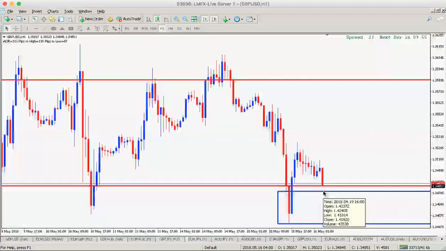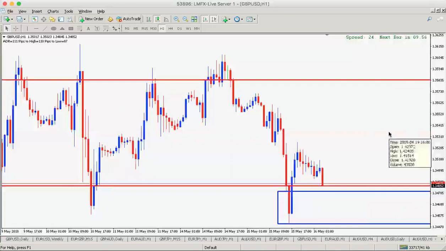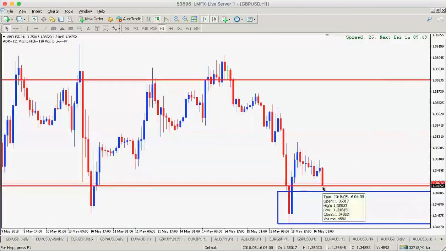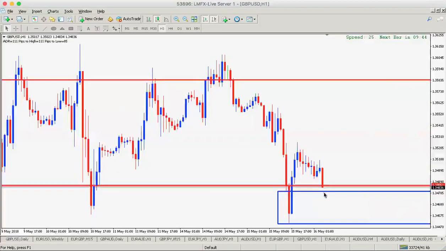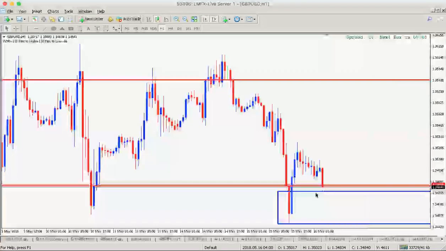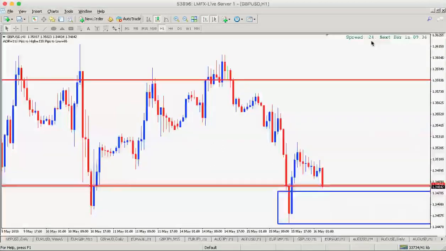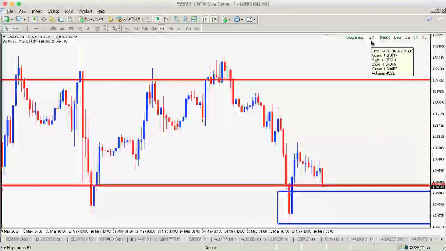If any of you are familiar with Naked Forex, the book, I recommend reading it so you can learn how to read a naked chart. You would know then that if price comes and hits this and it hasn't been retested, chances are it's going to buy up. Most likely it's going to buy up.